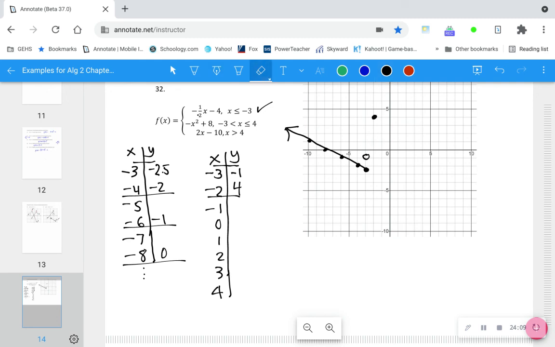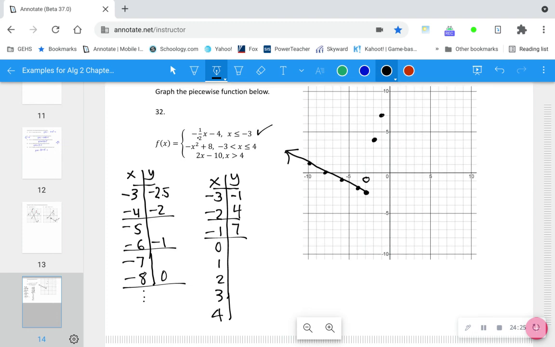Okay, so far we've got 2 points on this parabola. I know it's a parabola because of the squared. Okay, -1 times -1 is 1. Now you change the sign to -1 and add 8, and you get 7. And then you plug in 0, and that gives 8. You plug in 1, and 1 times 1 is 1. Change the sign to -1 and add 8, and you get 7.